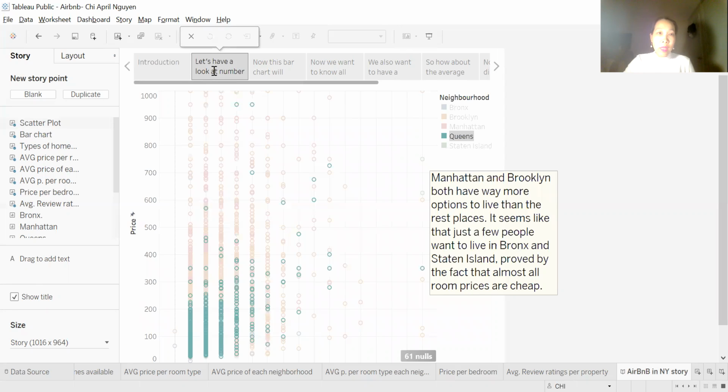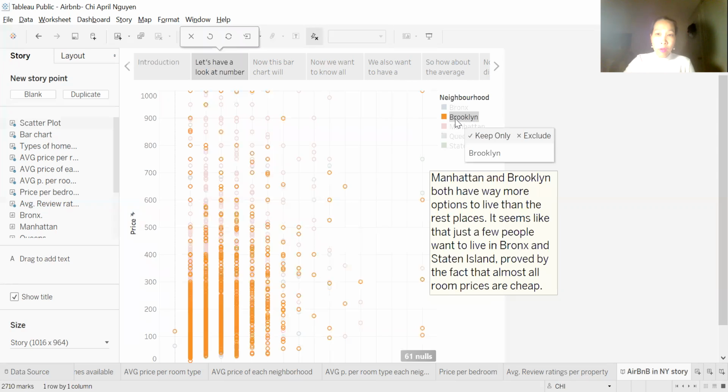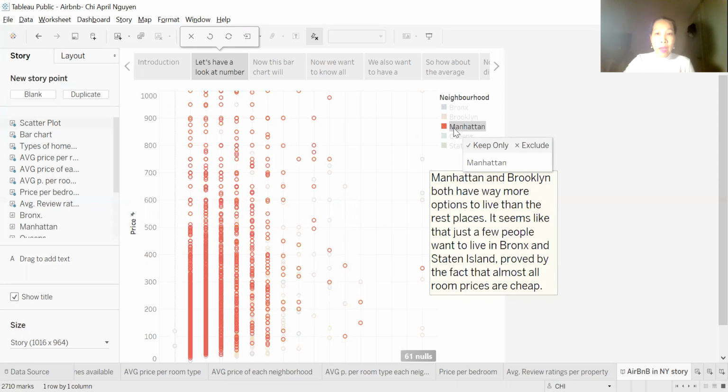Okay, first, let's have a look at this scatter plot. Here, we can see the number of bedrooms as well as the price of each of the 5 neighborhoods in New York City. We can see here Brooklyn and Manhattan both have way more options to live than the rest of the places.